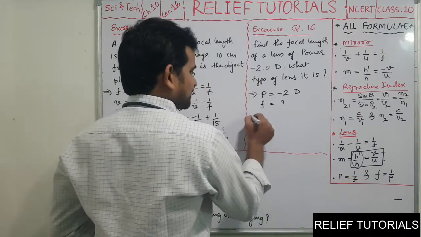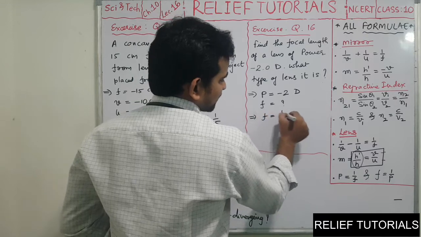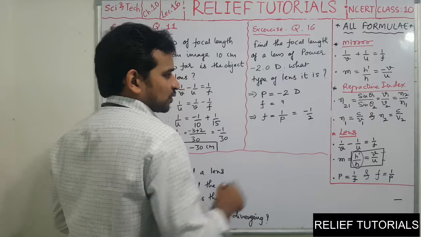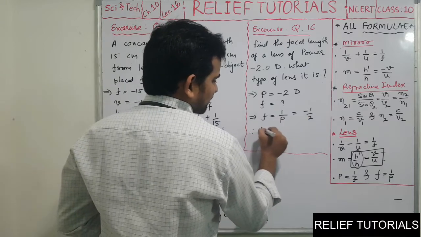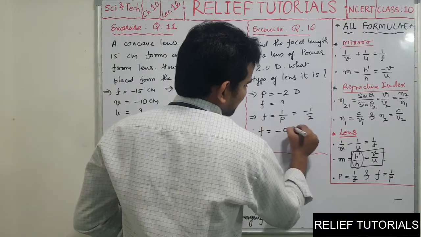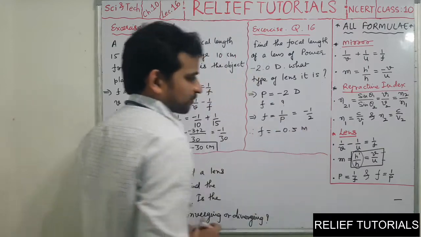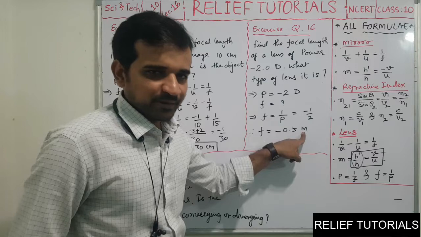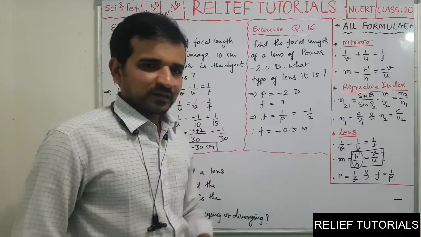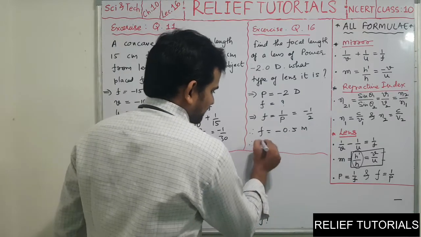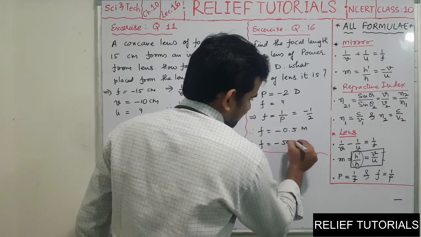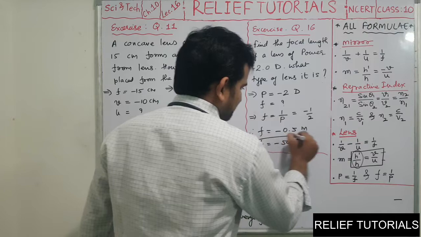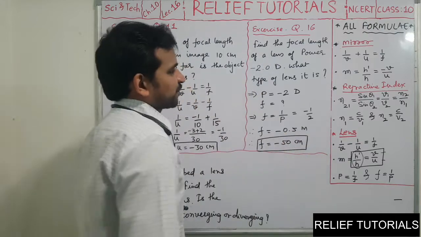Here f is missing, so f is equals to 1 by p, means it is minus 1 by 2, and 1 by 2 is half, so it is f is minus 0.5 meter. When the power is in diopter, focal length will be in terms of meter. 0.5 meter is half meter, so we can write f is equals to minus 50 centimeter. So the focal length is minus 50 centimeter.